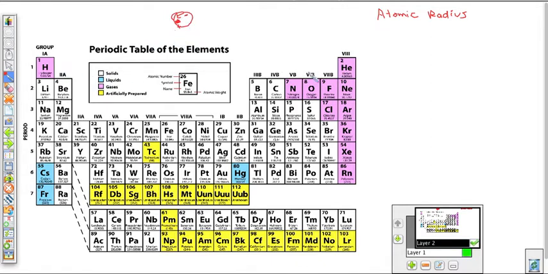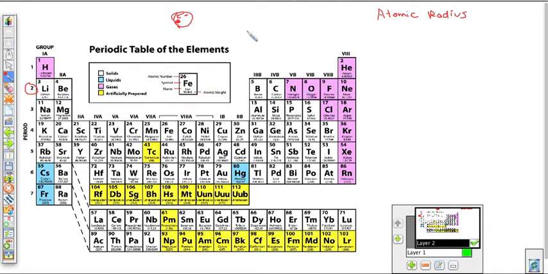Well, as you move across, it actually gets smaller. And the reason why, if you would look here, let's say that this is lithium right here. Well, lithium has 3 protons, and look, everything in this row is energy level number 2. None of these electrons will go past shell 2.